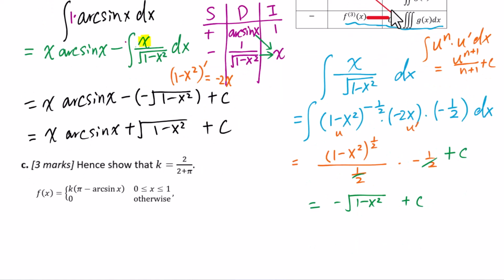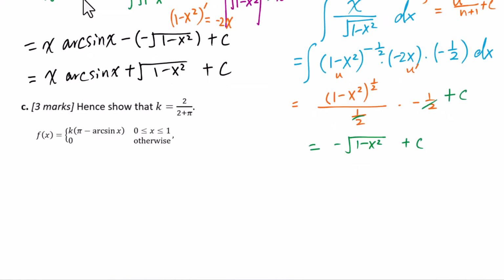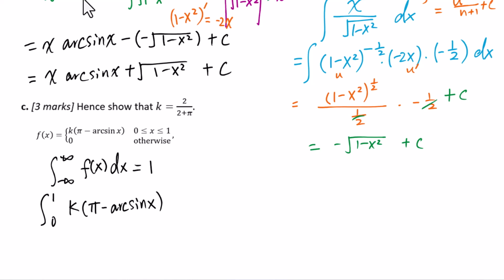Let's go to part c. Hence, show that k equals 2 over 2 plus pi. We will use this formula: integral from negative infinity to positive infinity of f of x dx equals 1. So we get integral from 0 to 1 of k times pi minus arc sin x dx equals 1.